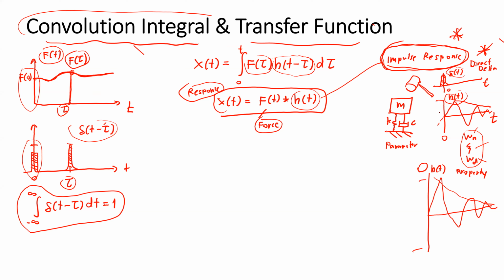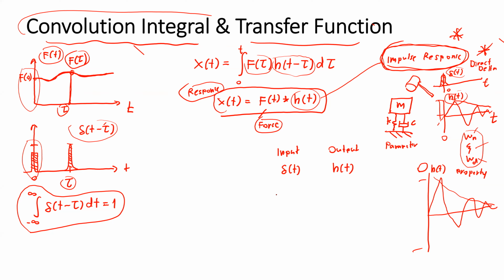The magnitude depends on the size or the magnitude of the force. If we have a direct delta input, we should have a pair like this. If the input is a direct delta, the output is going to be an impulse response.